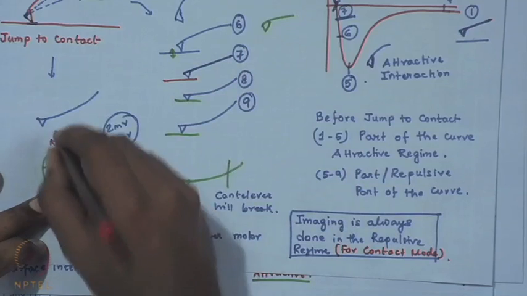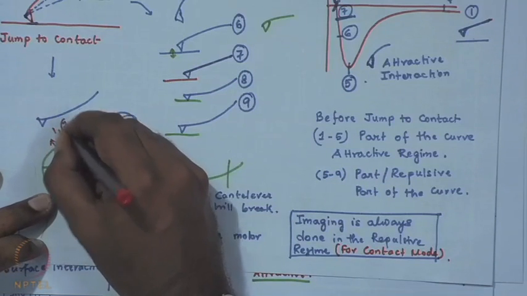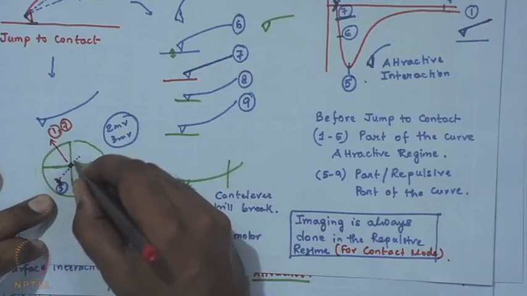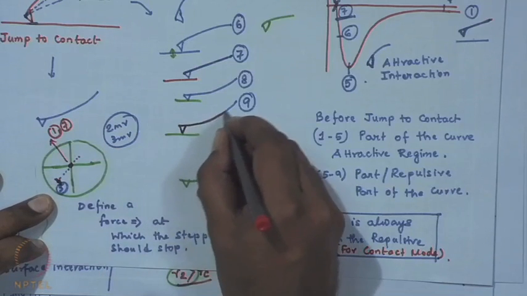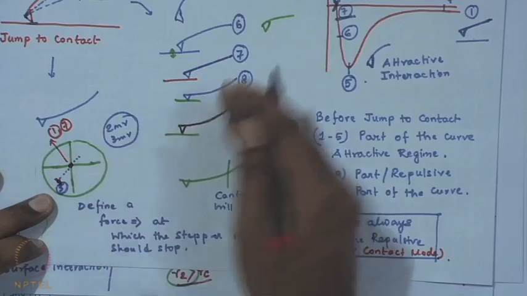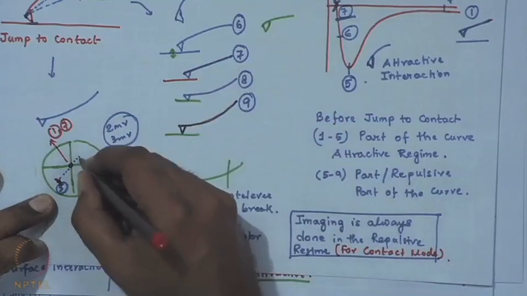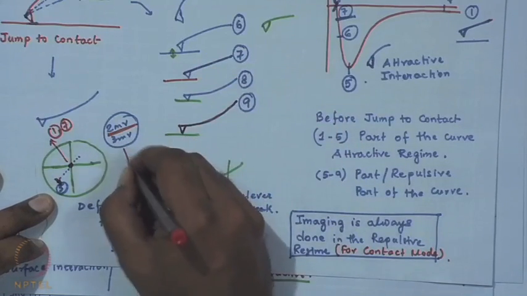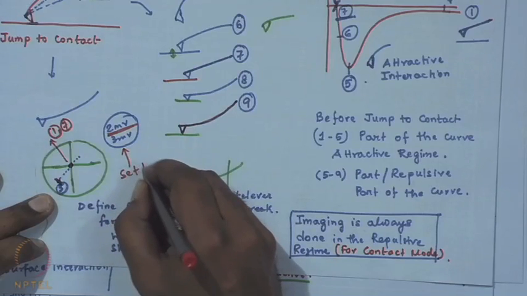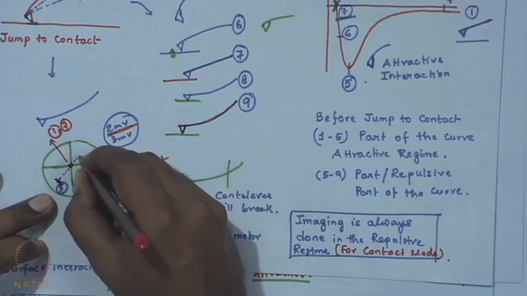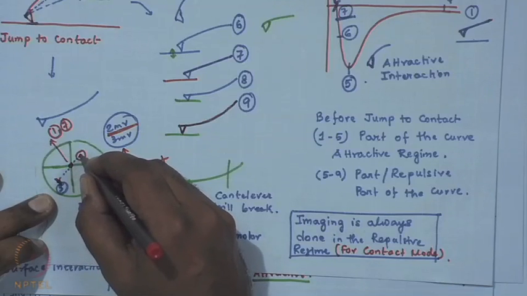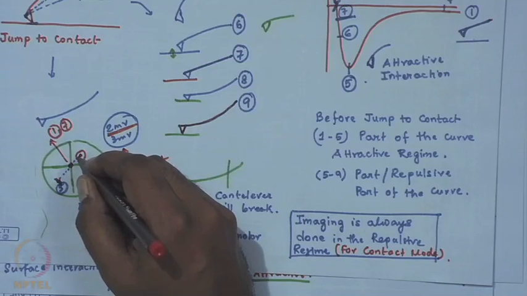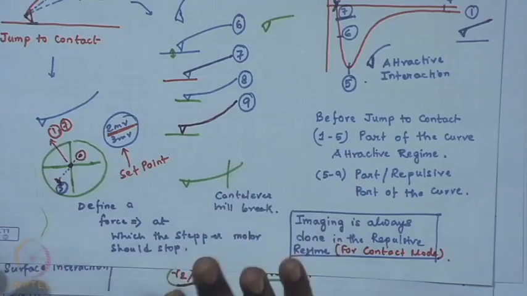So, this point now corresponds to 1 as well as 7, and then now there is a net repulsive deflection, okay, and the moment the deflection matches this set point. Okay. So, let us say 2 millivolt is here and your deflection is shifting like this. The moment it matches this 2 millivolt set point, the approach stops.